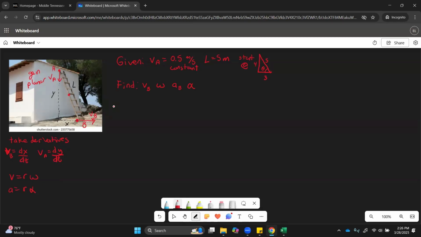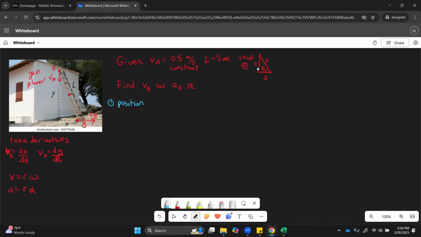So we'll start out on part one, we'll start out with position. So we need to write equations for position, and then we'll be able to take those derivatives to get velocity and then acceleration. So the current position we're shown here is the 3, 4, 5 triangle.